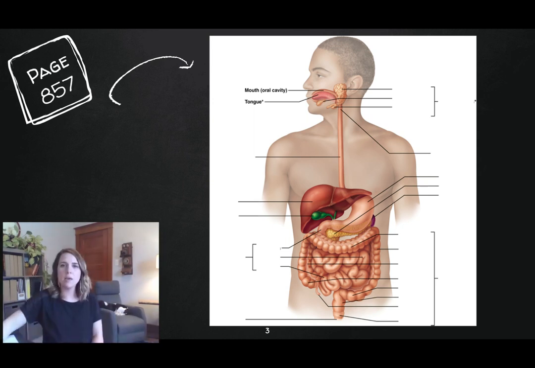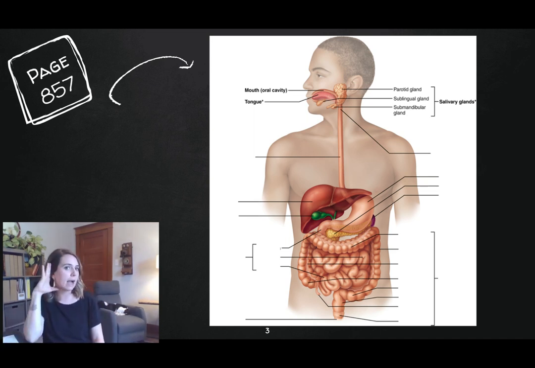And then what you see pictured here, the next 3 lines are 3 different glands. These are our different types of salivary glands, and they each have different names. There's one at the far back of the mouth, and that's the parotid gland. Then we have the sublingual gland, which is underneath the tongue.